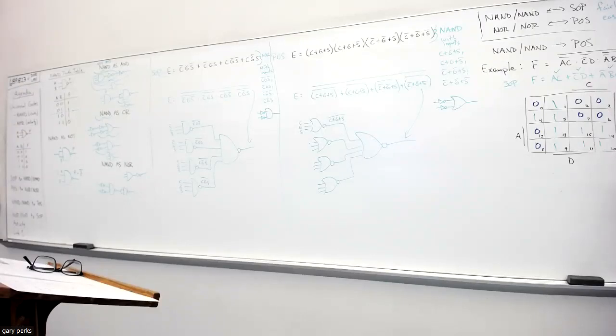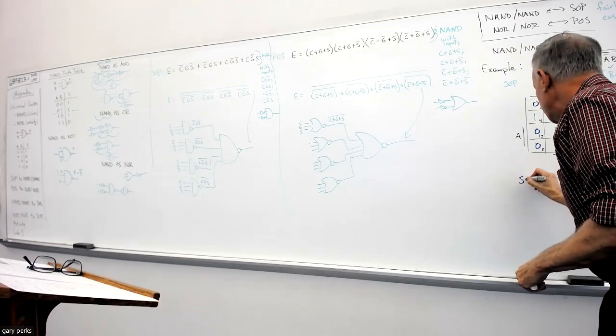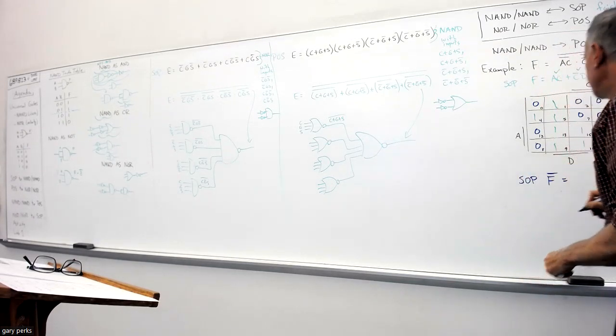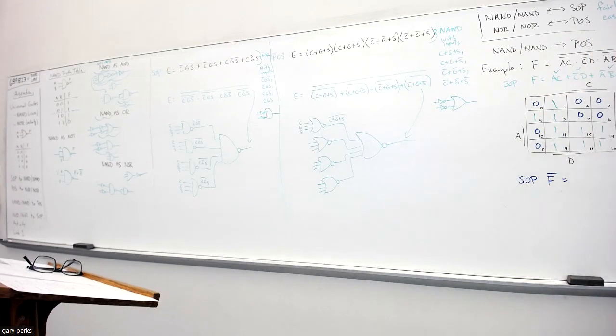Okay. So I want to get the SOP for not F now. So since it's not F, what am I interested in this K-map? Zeros or ones? Yeah, the zeros. So I got to group the zeros to get the SOP for not F. Okay, so how are you going to group the zeros? Where are you going to start?